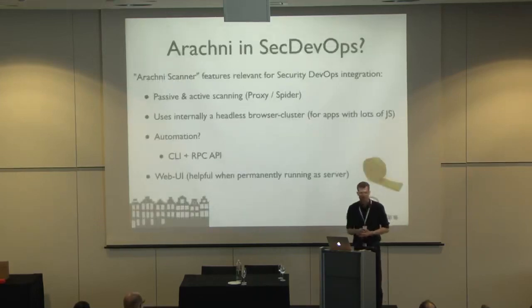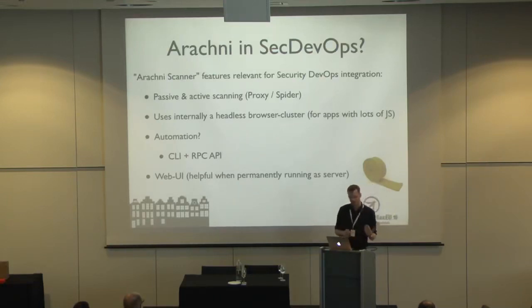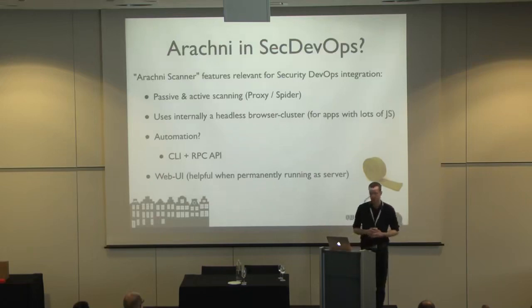There's another good open source tool we can use, which is Arachni. Recently it received very good updates, and it's also very good for heavy JavaScript-based applications because it has a very good headless browser cluster that it executes to scan the application.